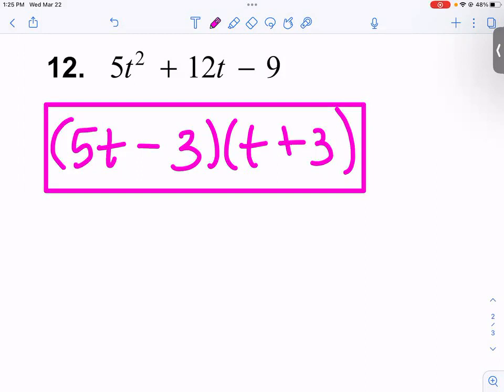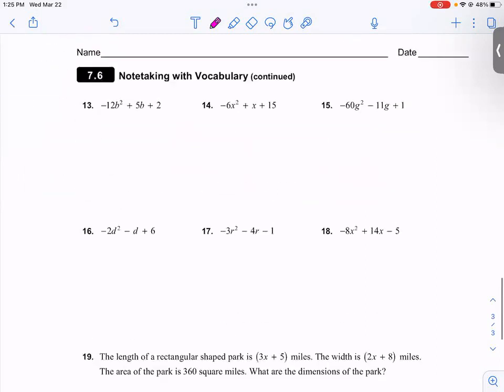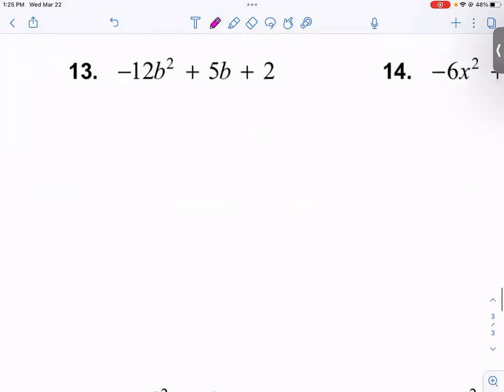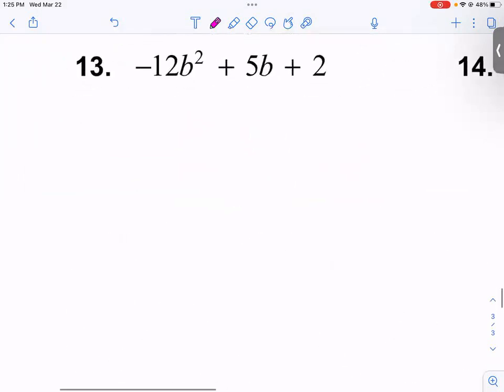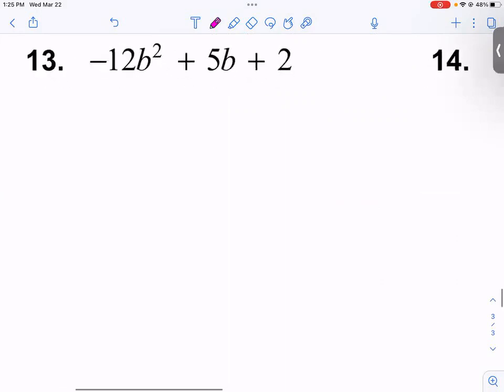It really does. Okay. All right, I want you to go ahead to the next page and look at number 13. Now, what did I tell you the first thing you had to look for was? Technically there is not a GCF in this one. However, you do not want a negative leading coefficient.